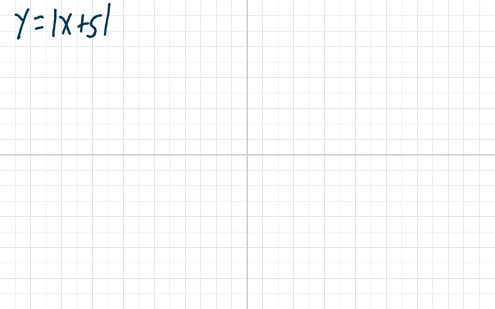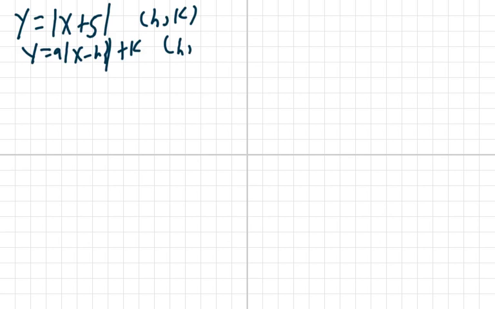y equals absolute value of x plus 5. So the vertex is h and k. And the formula is y equals a, absolute value of x minus h, plus k. There is no k, so it'll be h, 0. What is the h? -5 would be your h.